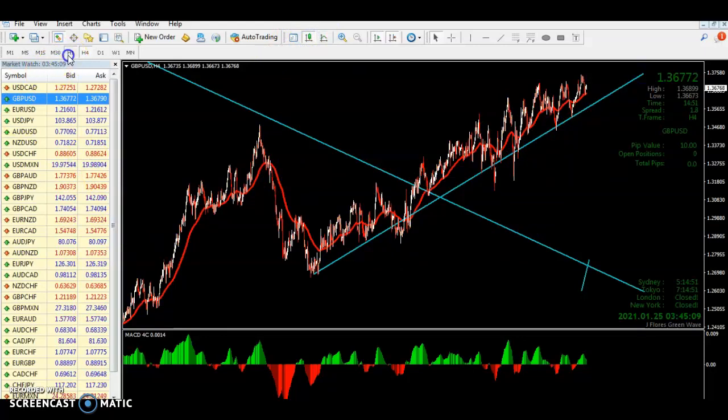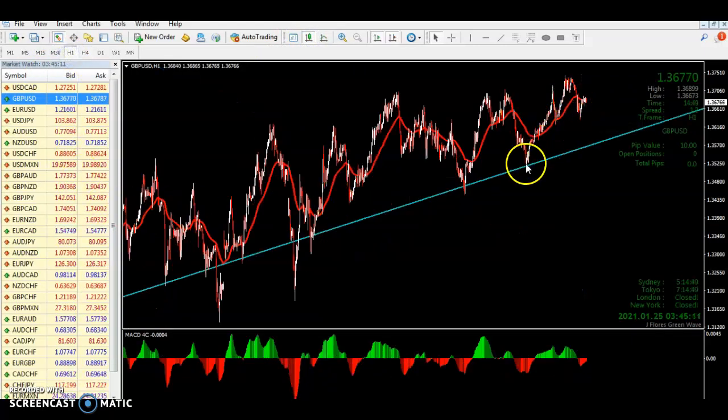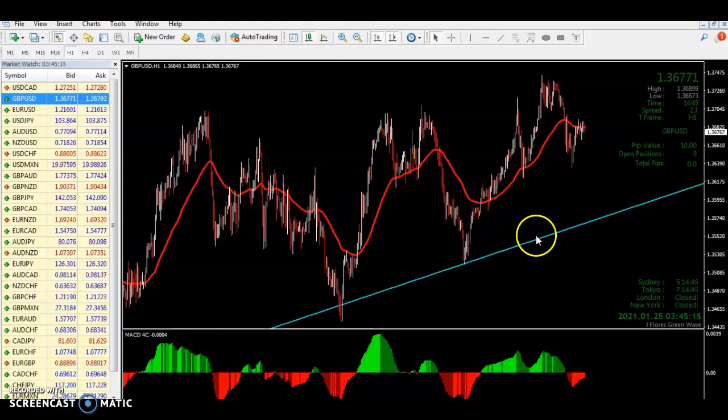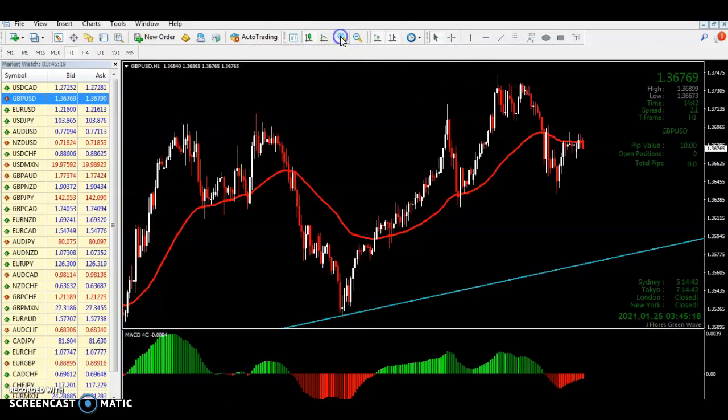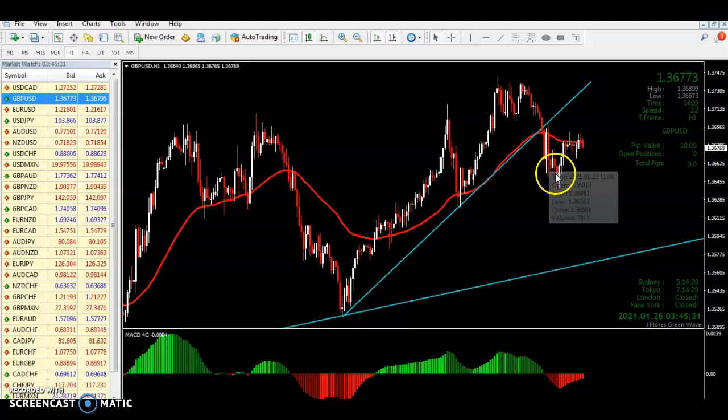Then I'm going to go to the 1 hour. In the 1 hour, if you want to go quicker into the market, there's a possibility as we speak. You can do a faster trend line from here to here, and you see that the market already broke down.